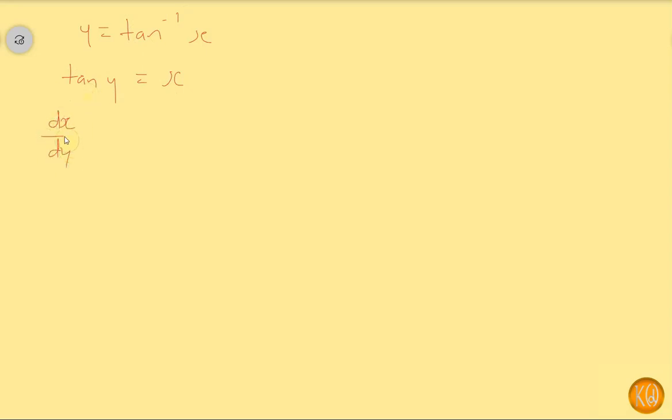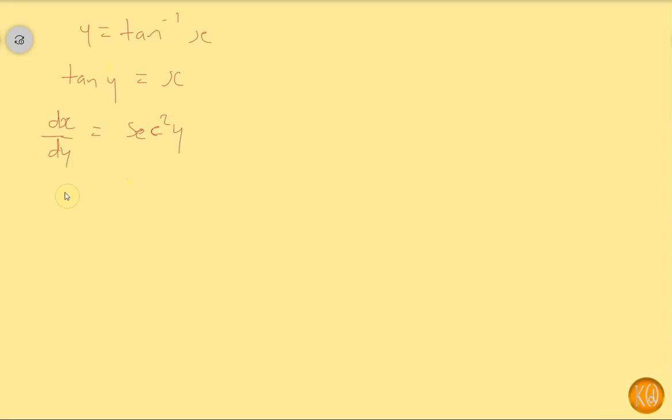Dx dy is equal to sec squared y. If you remember from my previous video, when I did the derivatives of the trig functions, if you haven't checked that out as yet, you can go and check that out. So the derivative of tan y is sec squared y.